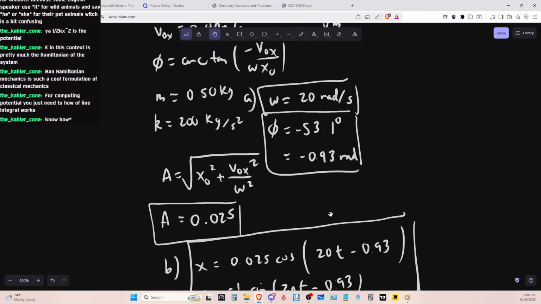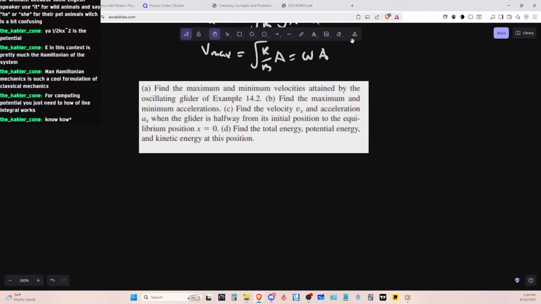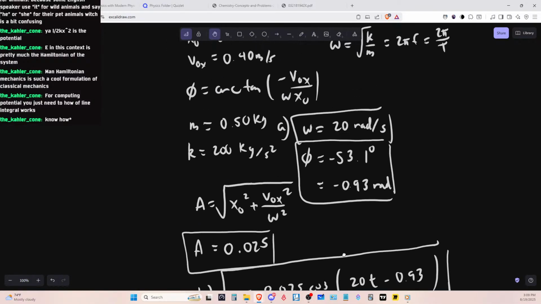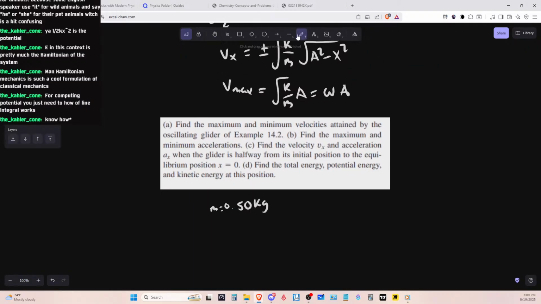So we have to remember the mass. Mass is about a half a kilogram. And I think we had the omega here too. Oh, we had the k, yeah. So the k is 200 kilograms per second squared.